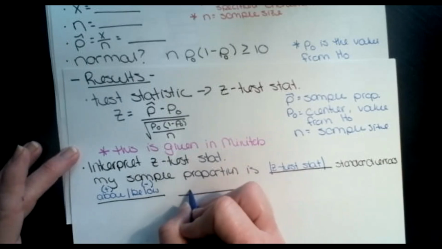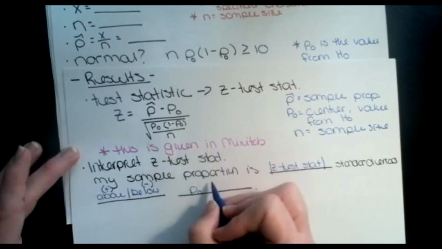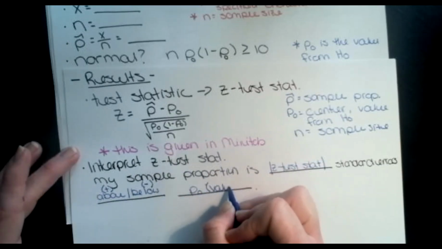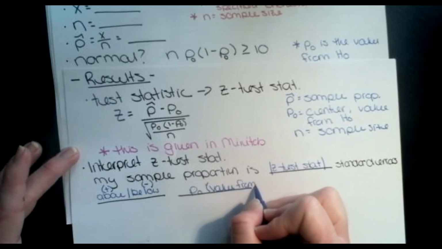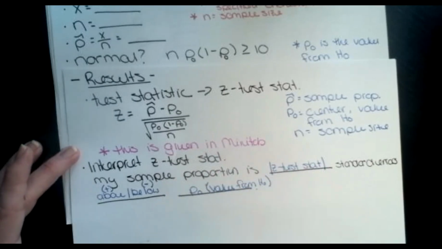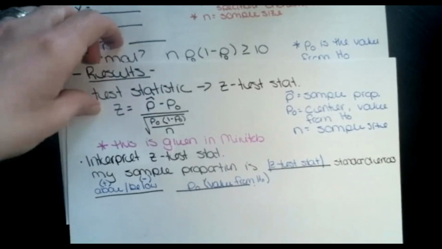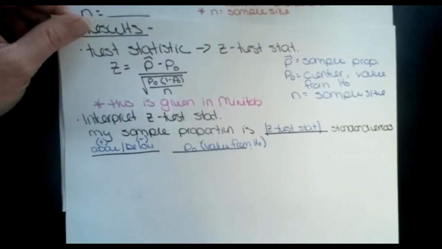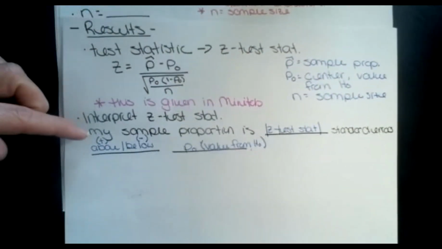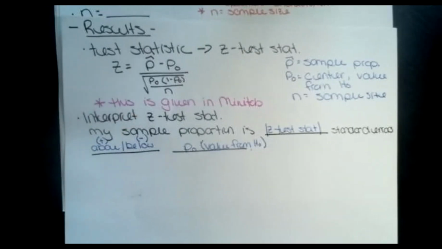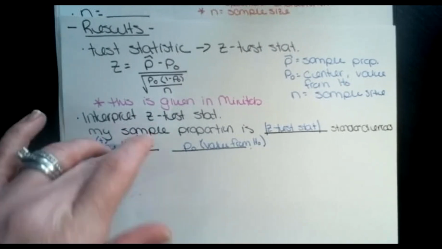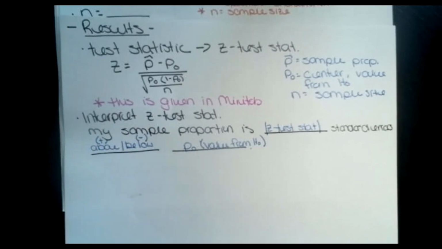So I'm just going to put my p naught value, remember, the value from H naught. Okay, so you're welcome just to use that blanket statement. Sometimes I get really lazy and I'll even say my p hat instead of writing sample proportion. You can make it really short. It looks longer than it actually is.